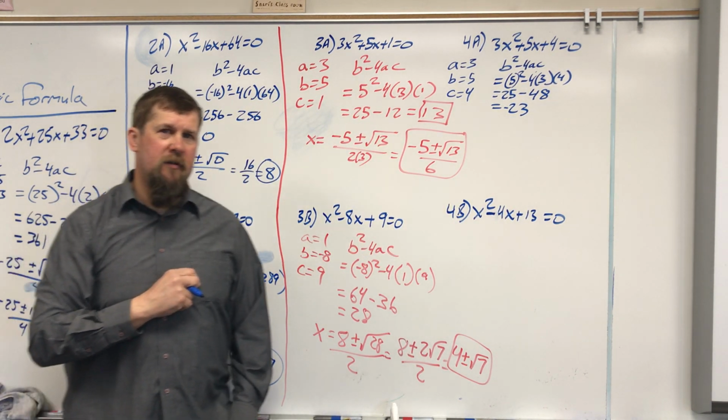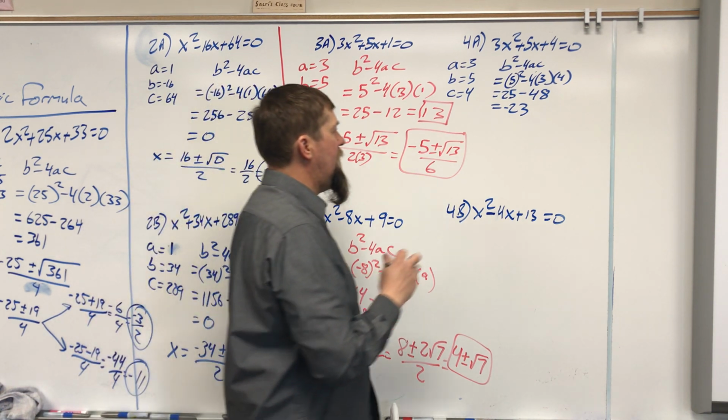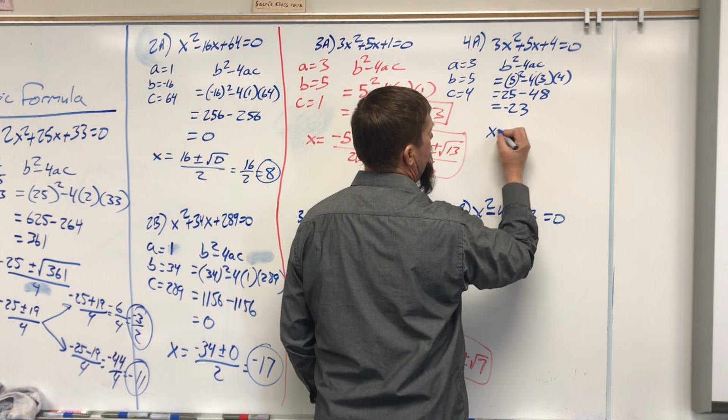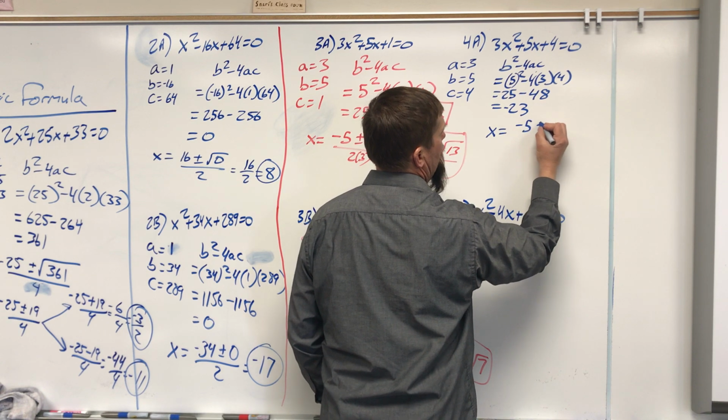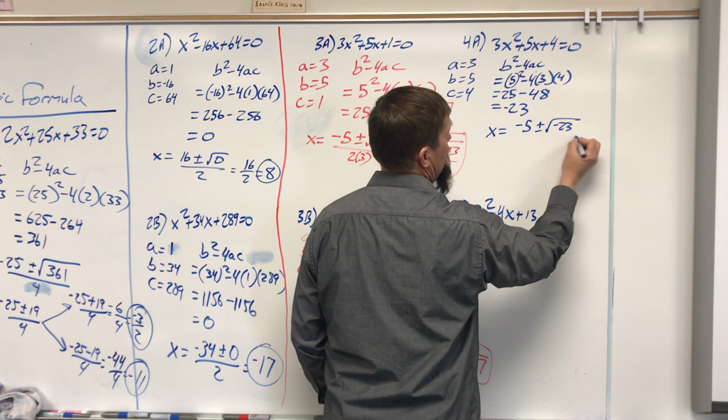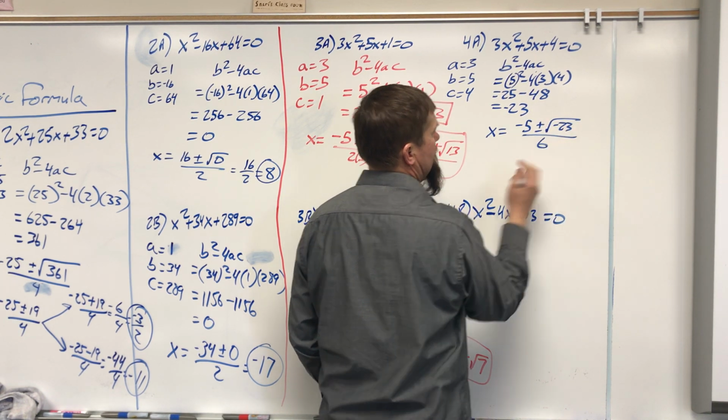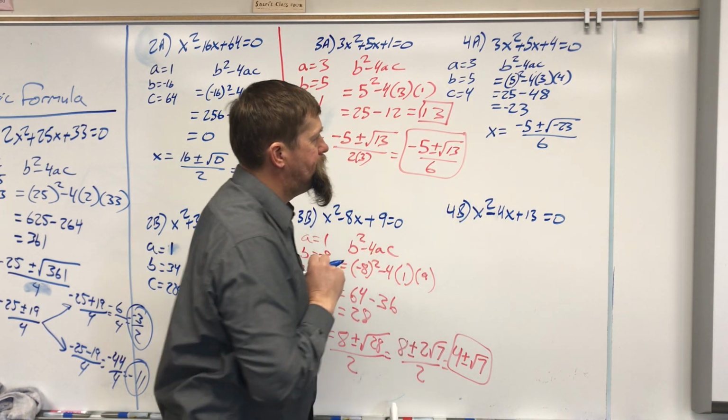Okay, so this time the discriminant's negative. When that happens, you end up with x equals negative 5 plus or minus the square root of negative 23 over 6, because it's 2 times 3.